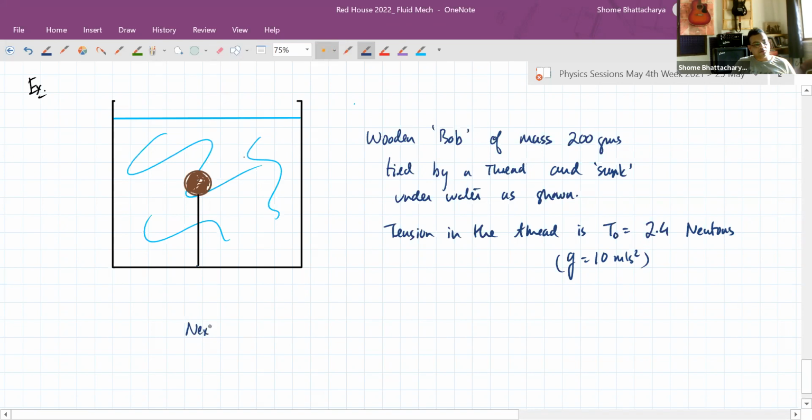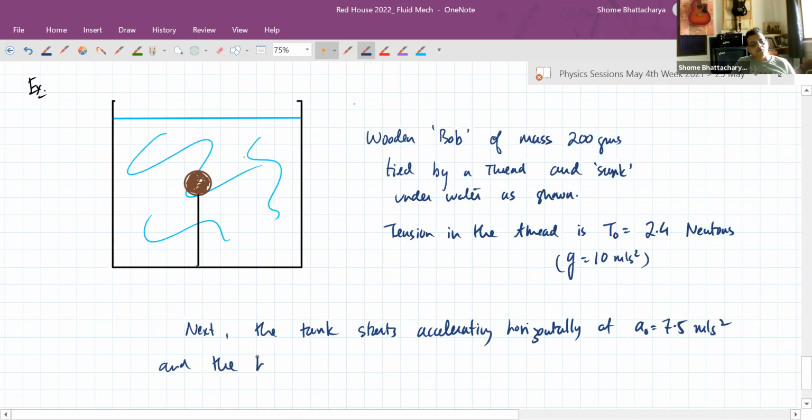Now next, the tank starts accelerating horizontally at a horizontal acceleration of 7.5 meters per second square. And the bob is now at a new equilibrium position with respect to the tank.